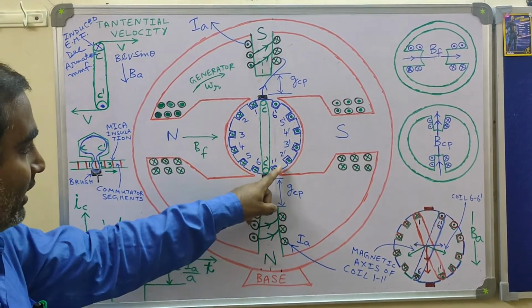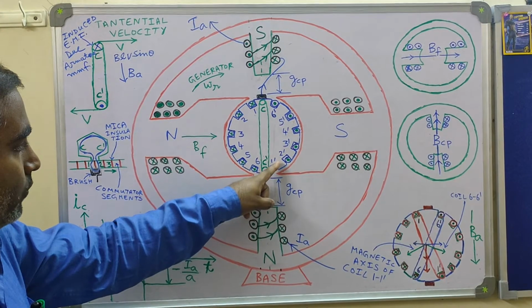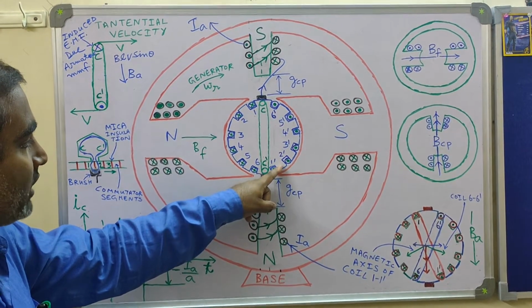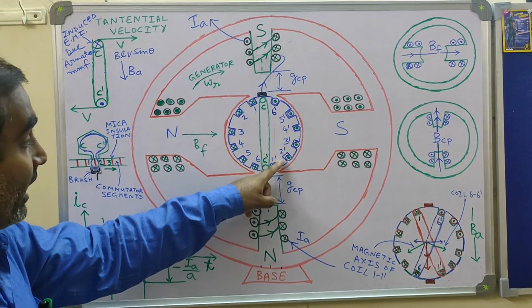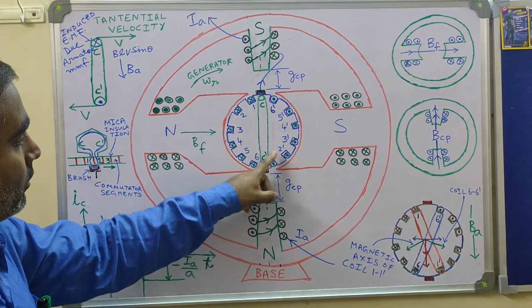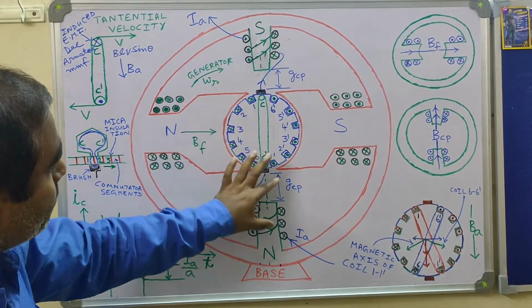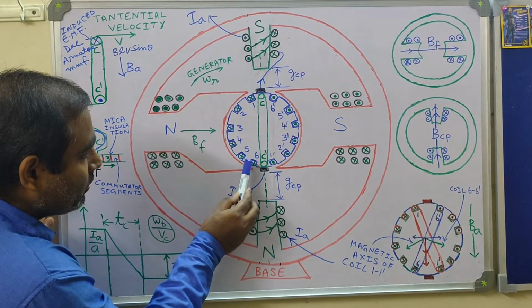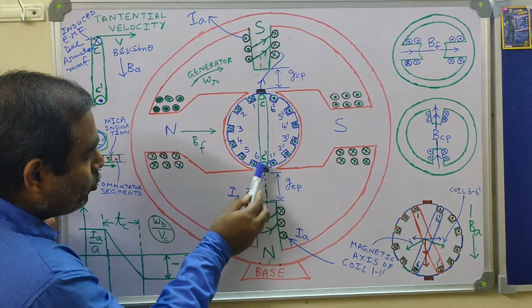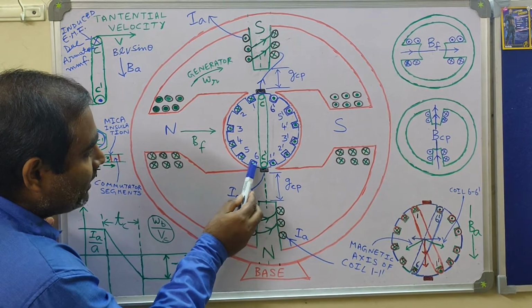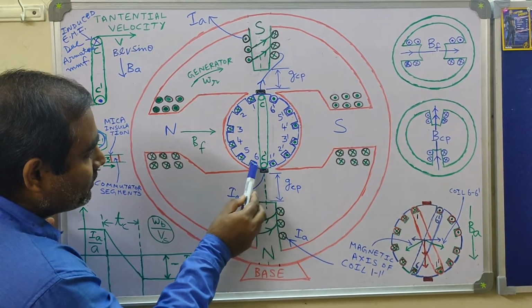Likewise, for coil side 1 dash, what is the desired induced EMF polarity which will help in the commutation of the coil 1 dash? When 1 dash comes to this position, it will become from dot to cross. So the desired induced EMF polarity for coil side 1 dash is cross.